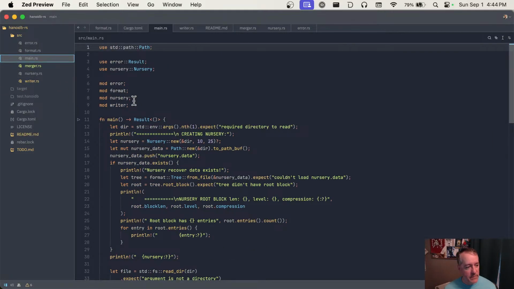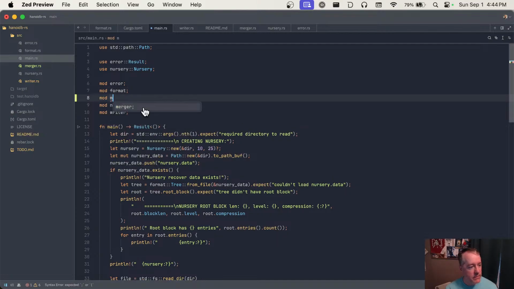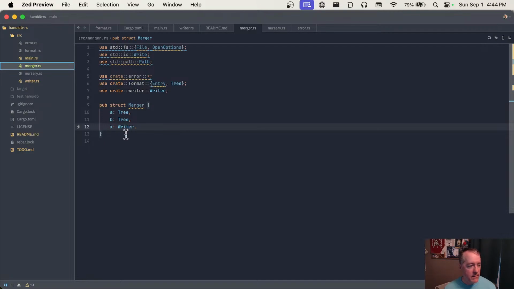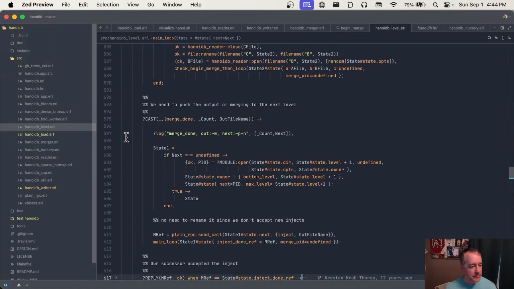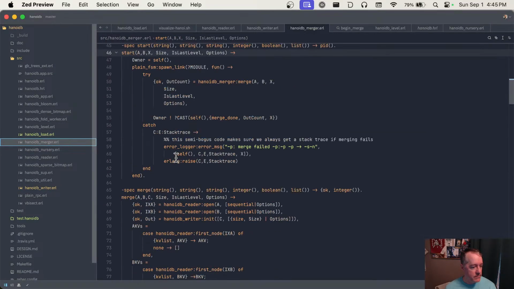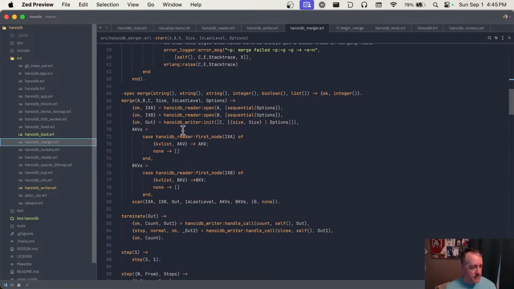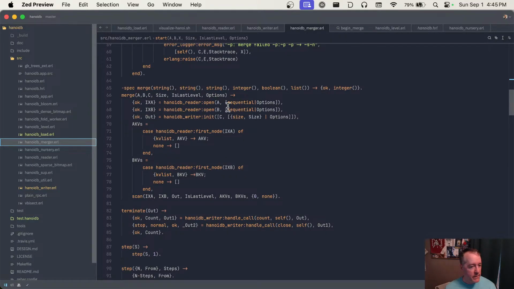Let me go ahead and make it a mod merger. We're obviously going to need something in here about doing incremental work, and computing how much should be done, and tracking it, right? So this would be similar to the merger process. Oh, okay, so those are just hints. We saw that random earlier. This is just a hint on how I'm going to read the file. I'm going to read it sequentially.